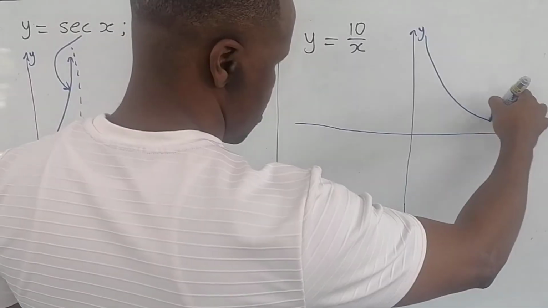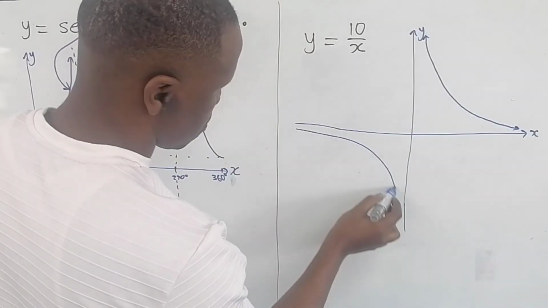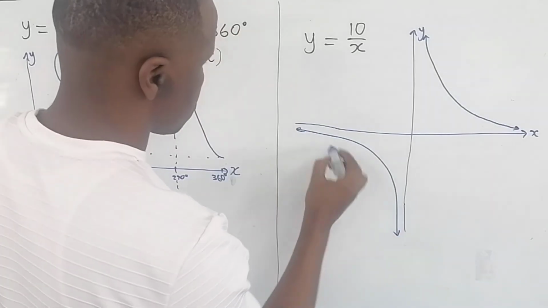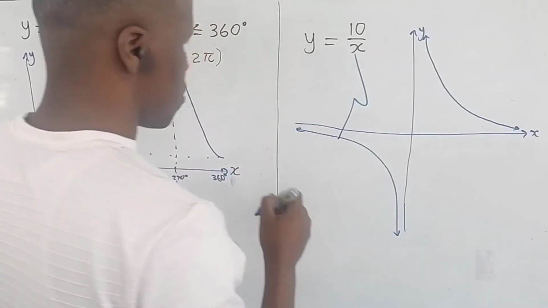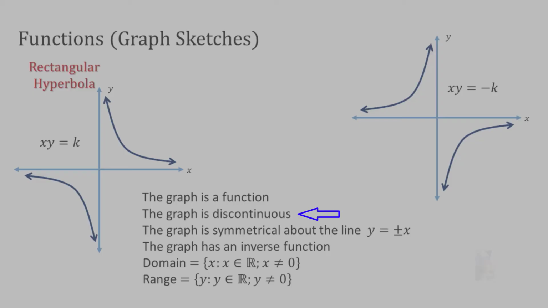Again, it is a discontinuous function. It is a function because when you put a vertical line, it will cut the graph in one point, and it is a discontinuous function because you are forced to lift your hand in order to complete drawing it. You cannot just draw it and finish it without lifting your hand.